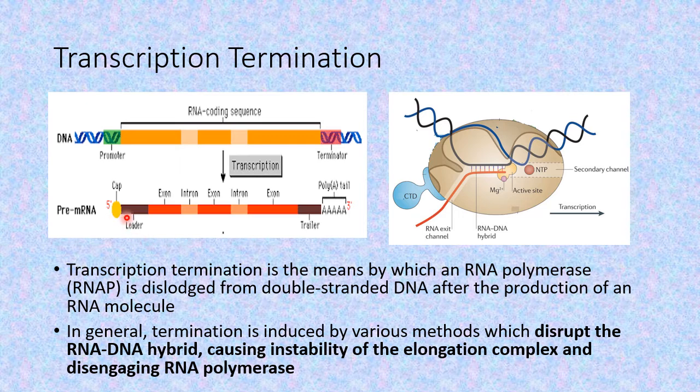So, along with the transcription, there has to be the protection of the 5' end, that is, the 5' capping has to be there. And at the time of termination, a poly A tail has to be added at the 3' end of this transcript. Splicing is another process, but at the time of transcription, the capping and tailing have to take place.